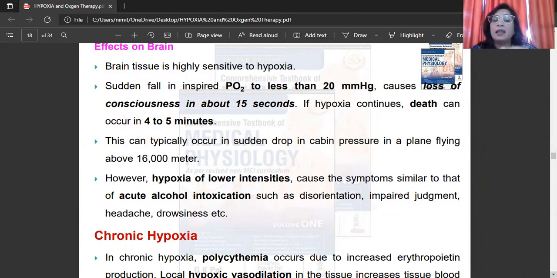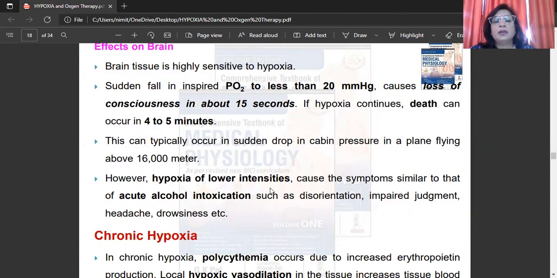Otherwise, death can occur in 4 to 5 minutes. Mark it: PO2 as low as 20 millimeter mercury may cause loss of consciousness, and if prolonged, then death may also occur.